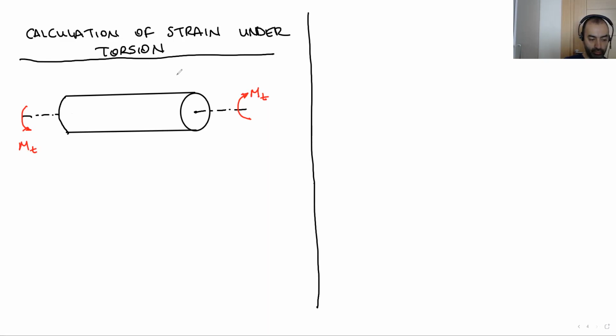Here we have, okay, this is R, the radius of the section. And I have a point here.